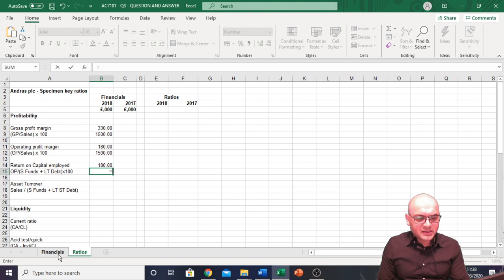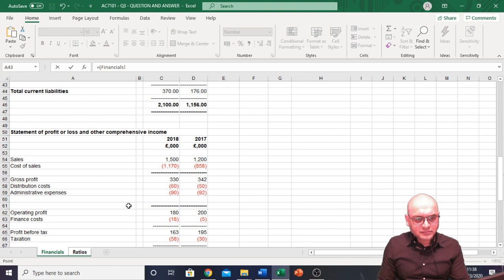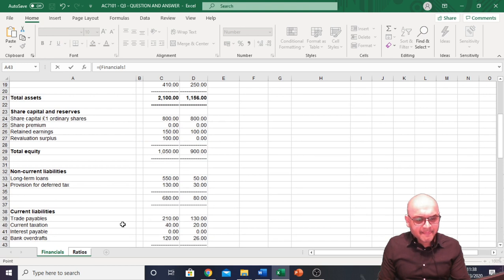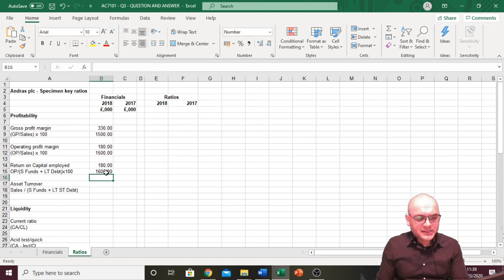So equal to sign, then open brackets, go to financials, we then go to statement of financial position, take the total equity figure, which is total shareholders funds plus long-term debt, which is long-term loans. Leave the provision for deferred tax out. That's not a long-term loan. Okay, it's not the borrowings. Brackets closed, enter. Okay, so we have that.